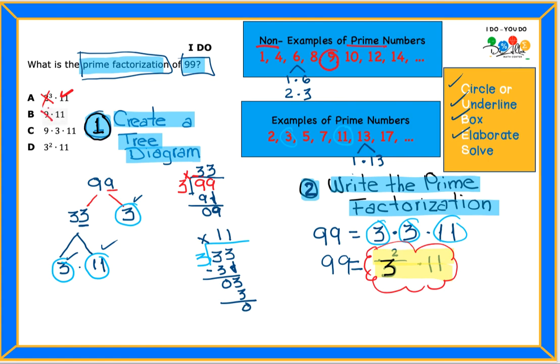So this is a non-prime factorization, although 11 is a prime number. 9 we already said is not a prime number, so it cannot be in the prime factorization. This one does, but now this one doesn't work. And then letter D, we have 3 to the power of 2 times 11, and so that is our answer. Awesome, thank you guys.